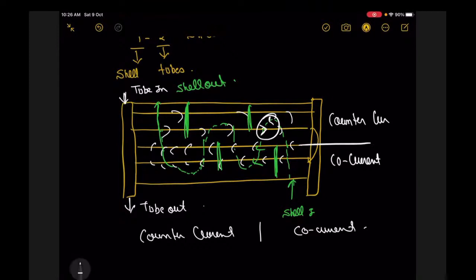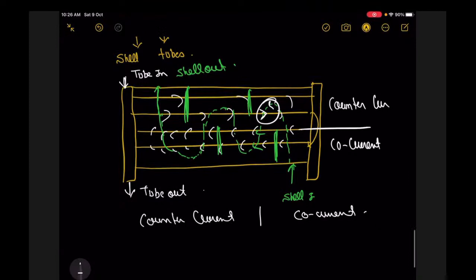So overall, there is a decrease in the effect of LMTD. Right? Overall, there will be a decrease in the effect of LMTD.